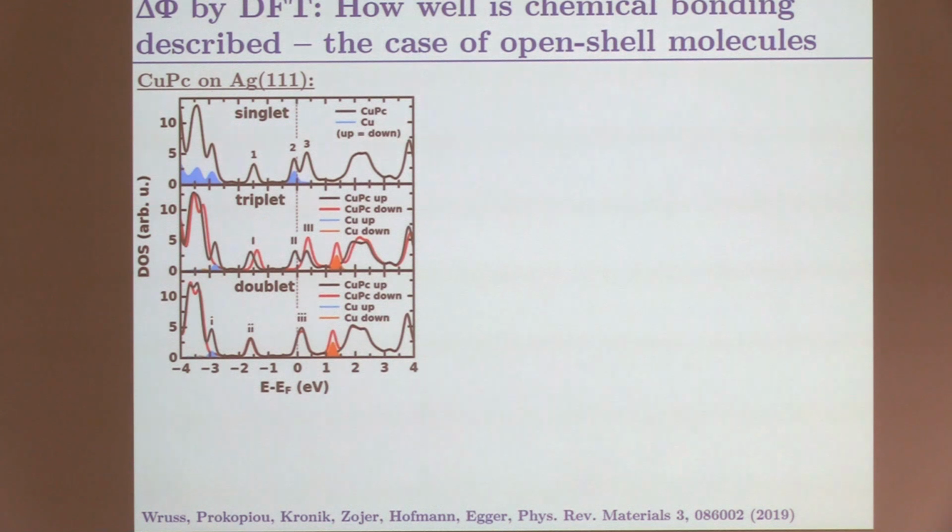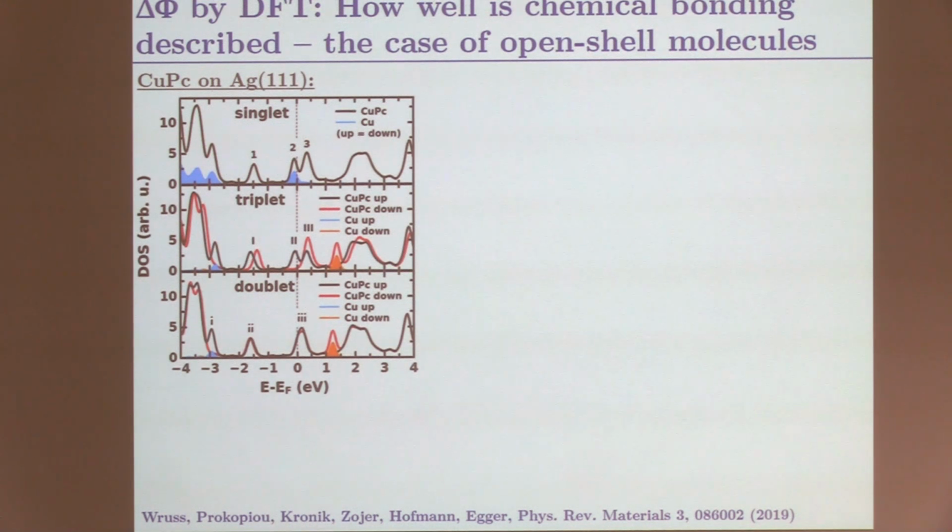But then it turns out it can be more complicated, and one system that we have been looking at recently are open shell molecules. I've talked about them briefly, copper PC and cobalt PC. Now, open shell means that they don't have all of their spin up and spin down states being paired, so you have at least one open shell. And for copper PC on gold, where no charge transfer happens, this can be complicated, but it's not as complicated.